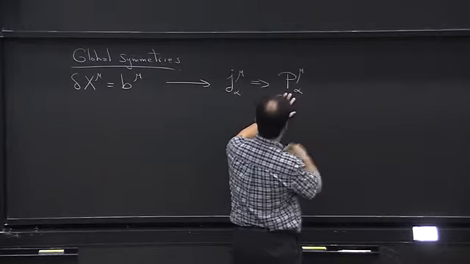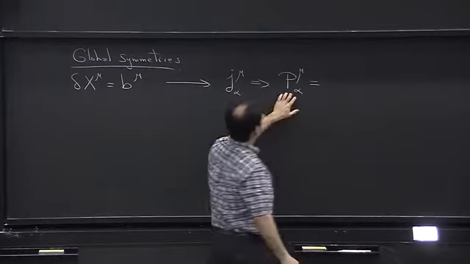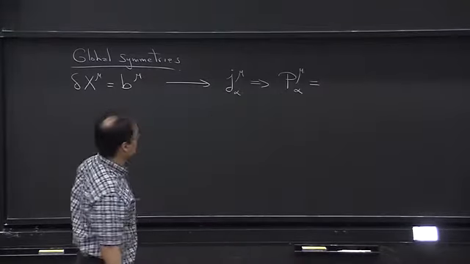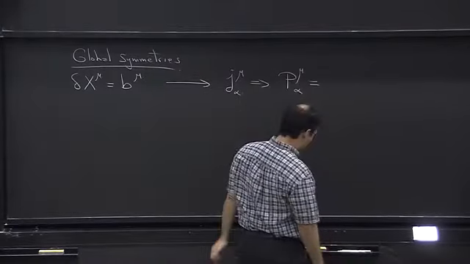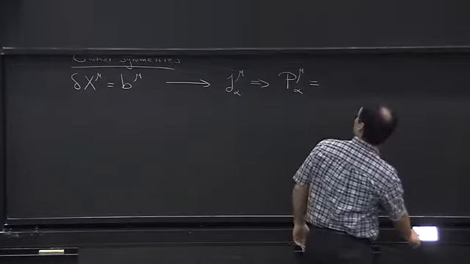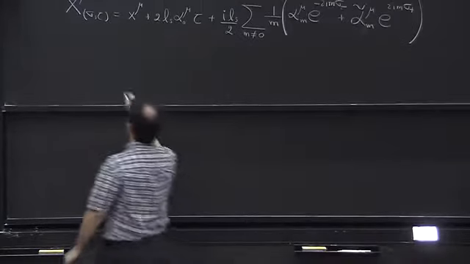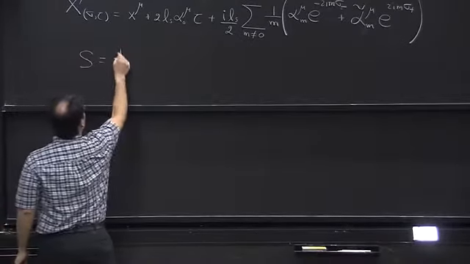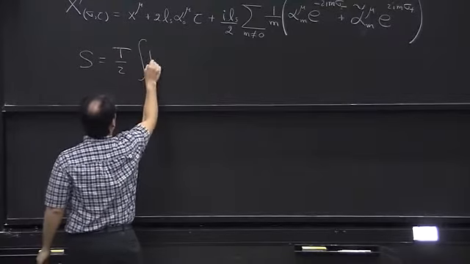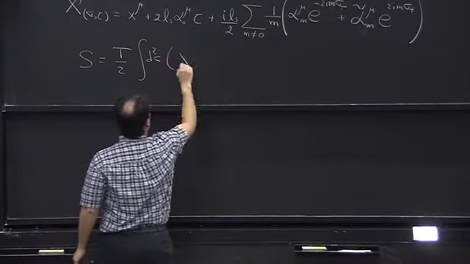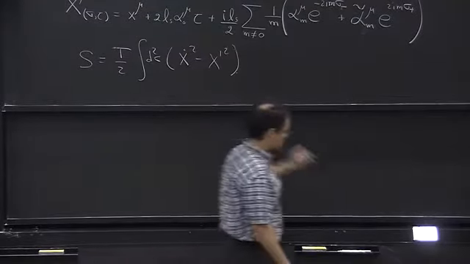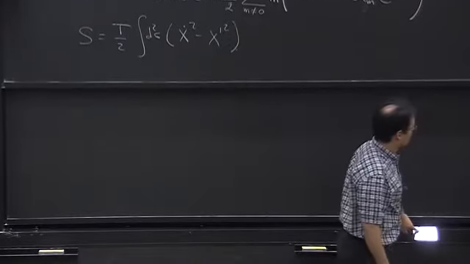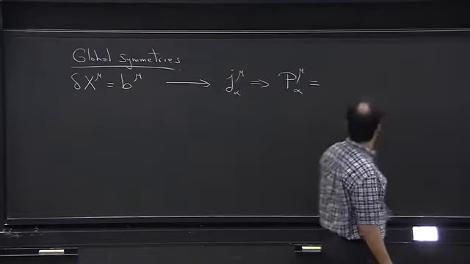Okay? Very good. So now you can go ahead and use Noether's theorem to compute what this current is from our action. So let's write it here. You can go ahead and do it. I think you will do it today in the tutorial.